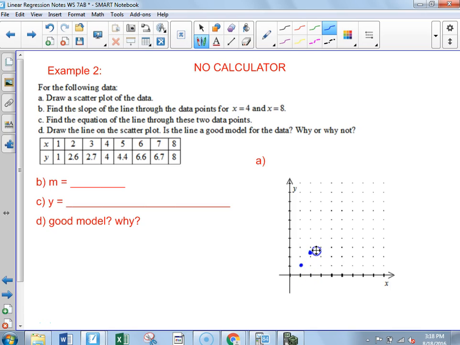Just do it on your own because I do a horrible job. How does mine look? Am I close?